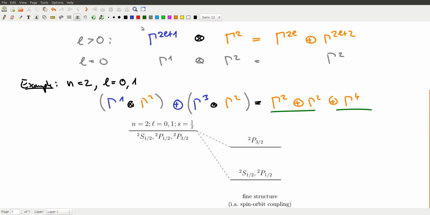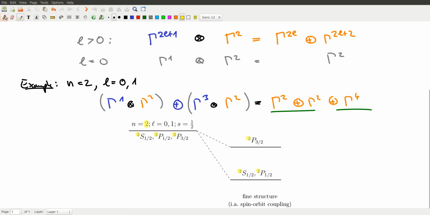And now if you see these funny symbols here, these are spectroscopic symbols, they translate to what we do here in representation theory. So this 2, which you see here everywhere at the top left, that's just this 2 here, the n equals 2.